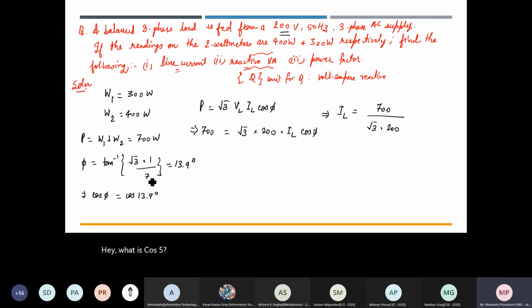Cos 13.9 degrees is .9707. So I am getting 2.08.